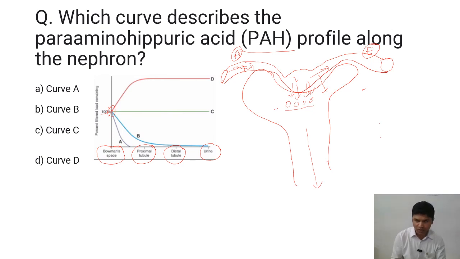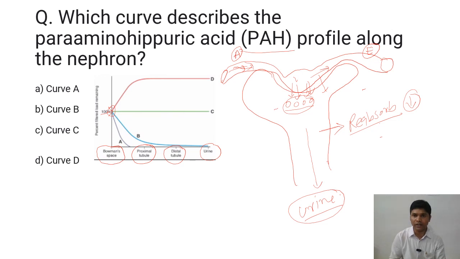Suppose this is the proximal tubule, then the distal tubule, then the collecting duct, and then finally it will come to the urine. If it is reabsorbed, then the concentration of this substance in urine will decrease.